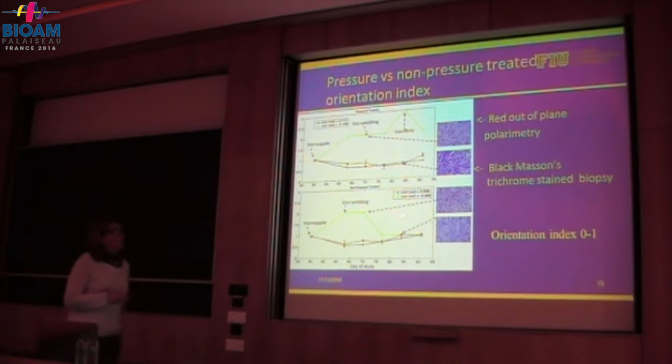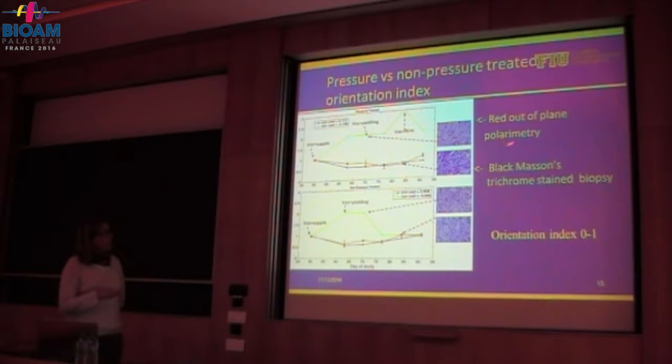But the thing that I want to point you to is this orientation index, which is what I described with the autoplane polarimetry. So this is basically a degree of how much the scar is aligned versus a predefined angle. And this is over time, so these are days of the study.